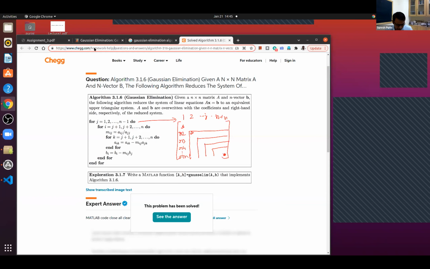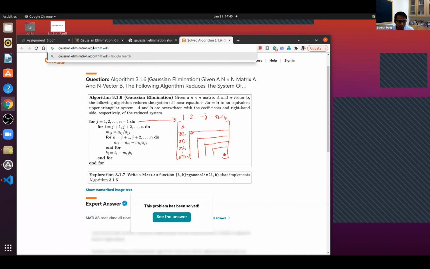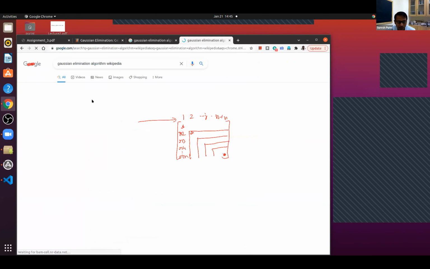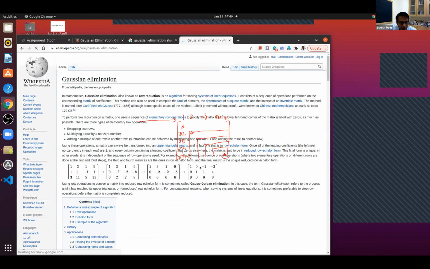So let's see, Gaussian elimination algorithm Wikipedia. How do we swap rows? You just swap element after element. Okay, so you have a beautiful example here.